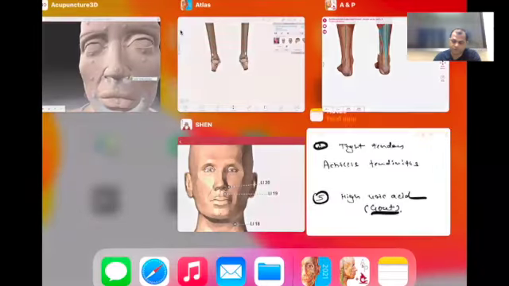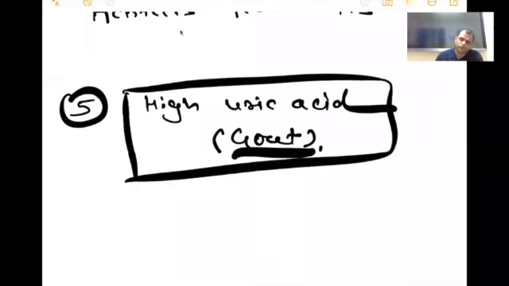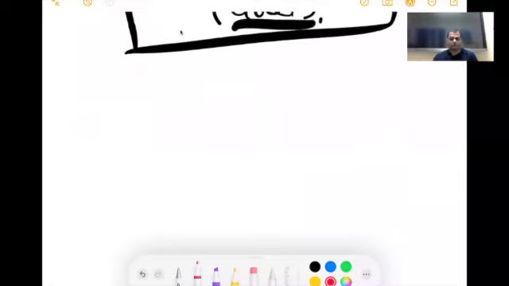So what is the treatment protocol for all the problems? For uric acid, we have to work for the uric acid. But for others, what is the protocol for heel pain?